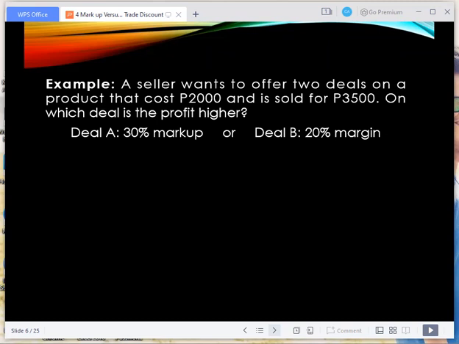Okay, so let's try to compare. Which of the two deals offers the higher profit? Will the seller get a higher profit if he sells the product with 30% markup or 20% margin? So again, let's recall our formula. How do we solve for the gross profit?